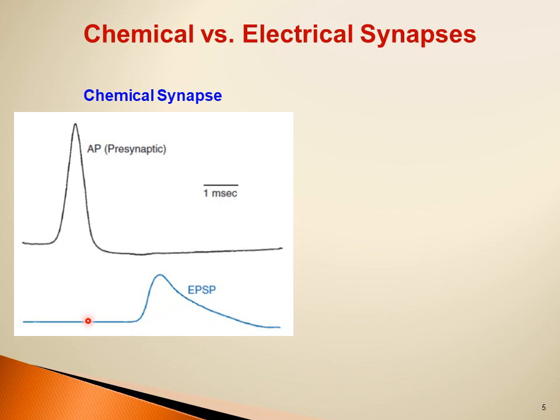This is the time needed for calcium to enter, for the exocytosis of the neurotransmitter from the vesicles, the time needed for the neurotransmitter to cross the synaptic cleft and reach the receptors on the postsynaptic membrane, and then the opening of the postsynaptic membrane ion channels, to produce this excitatory postsynaptic potential.